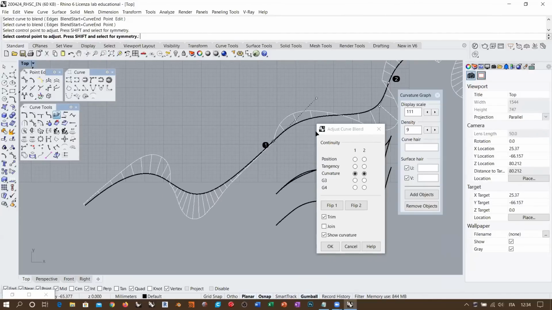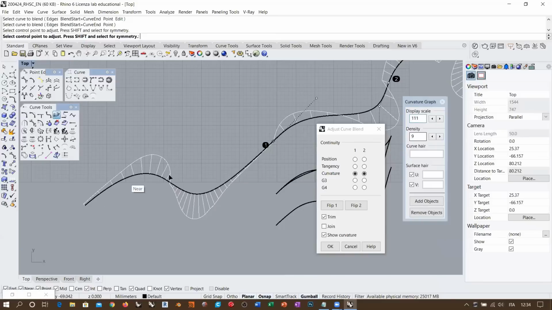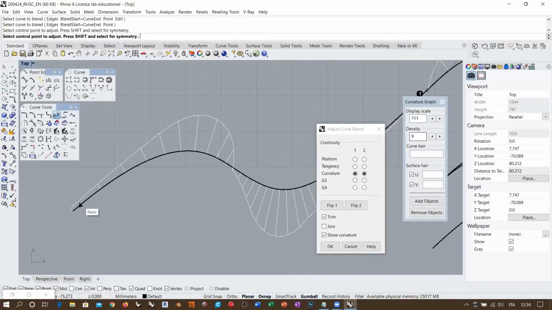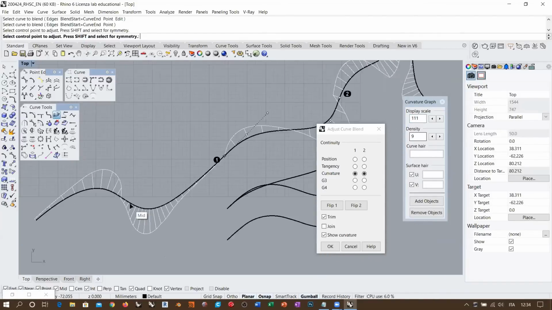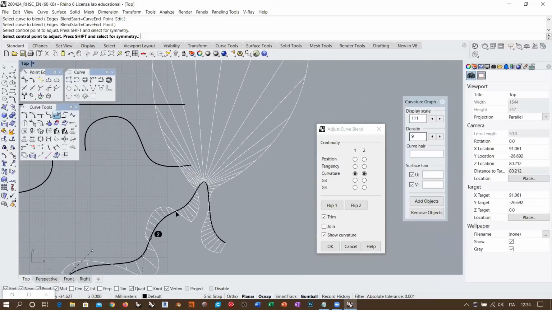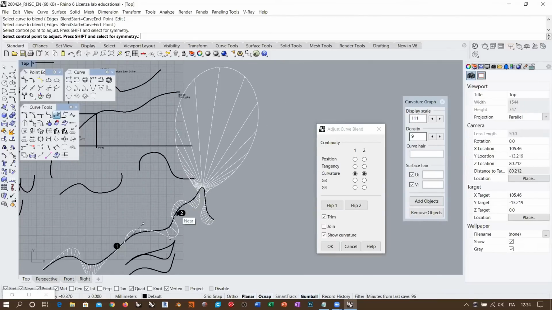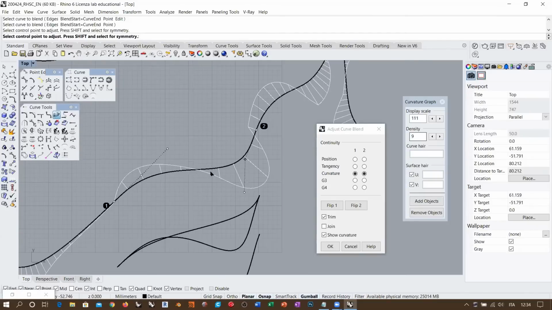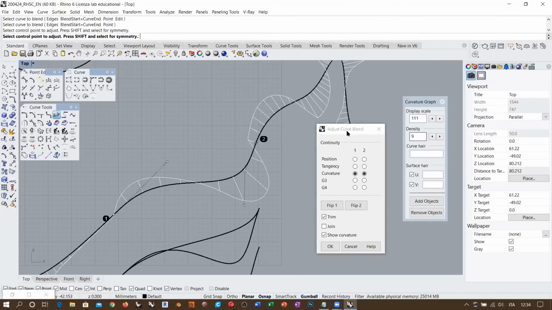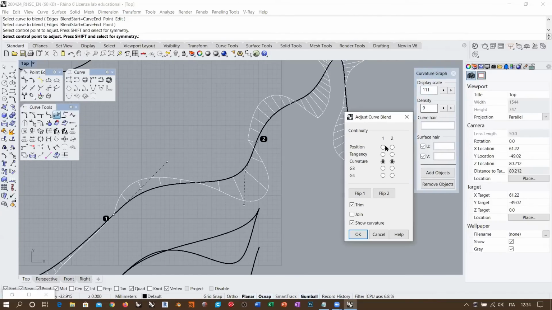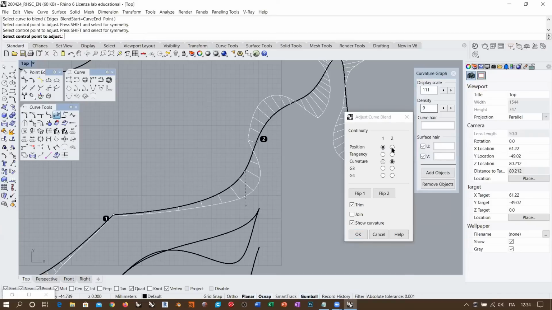So there is no need to analyze the curvature graph along the path of this line because the graph is going to be continuous, okay? And as well as the second curve, okay? You might have this kind of weird behavior, but the graph of this function is continuous, okay? Now, let's analyze this graph here in order to understand how it works. And I'm going to go back to position, right?